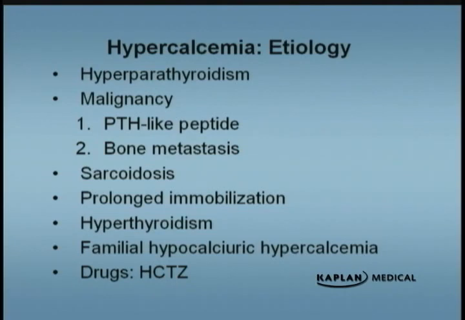So these squamous cell cancers secrete this parathyroid hormone-like peptide that works just like parathyroid hormone. What does parathyroid hormone do? It activates the osteoclasts to break down bone and release calcium into the serum. So it works exactly like parathyroid hormone to increase calcium in the serum, and that's how we get the hypercalcemia.